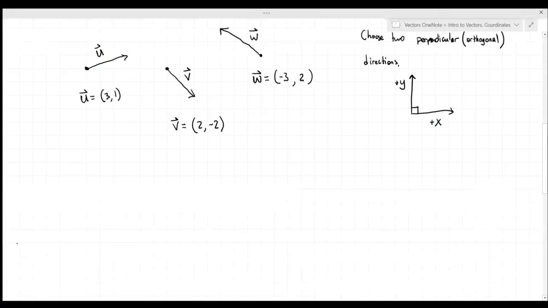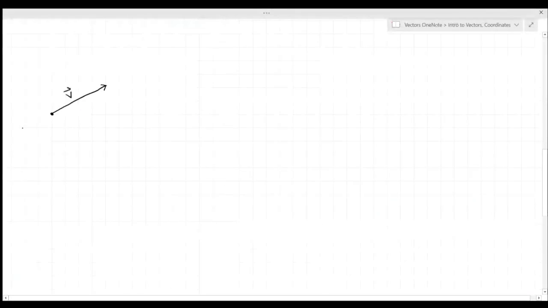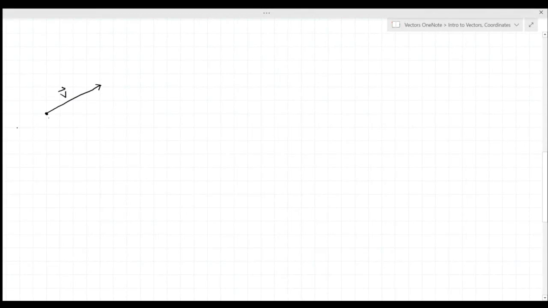All right, so I'm going to talk a little bit about vectors in 2 dimensions. Let's say here I've drawn a vector. I'll call it v. And let's say we know its x component, which I'll call vx, and its y component, which I'm going to call vy.